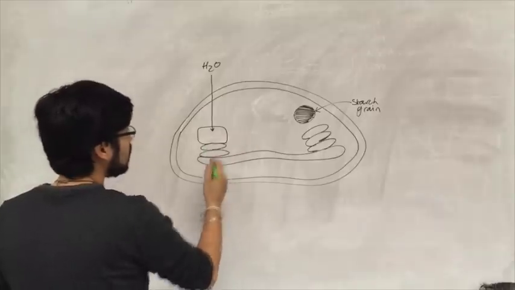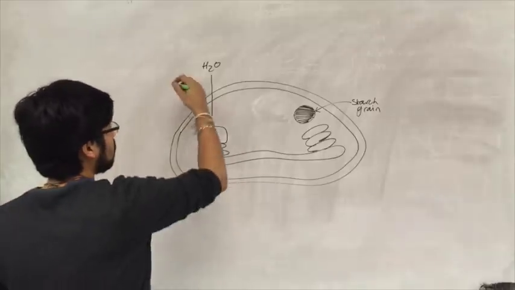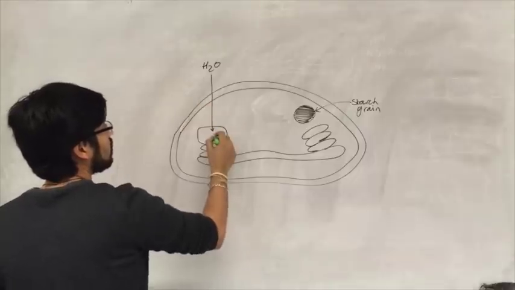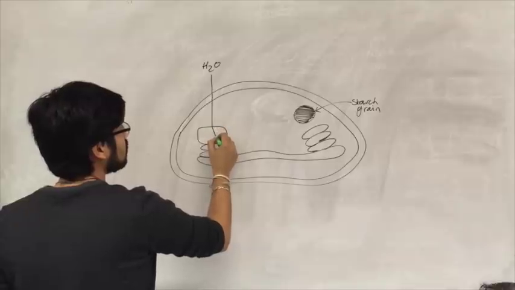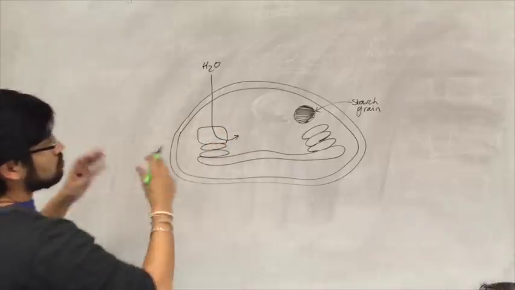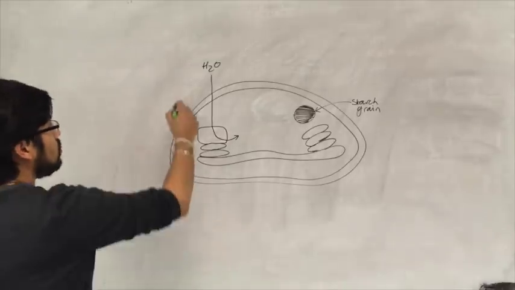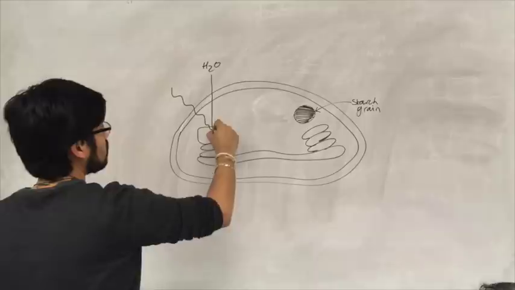So water goes in, it gets split, and for that process to happen, actually what we could do is draw it like this. So water gets converted, split apart using the energy of light. Okay?